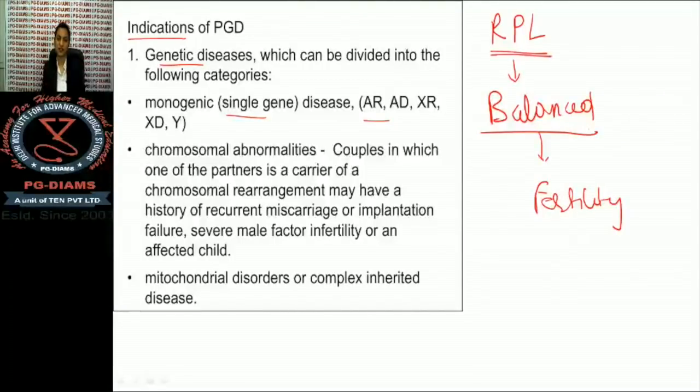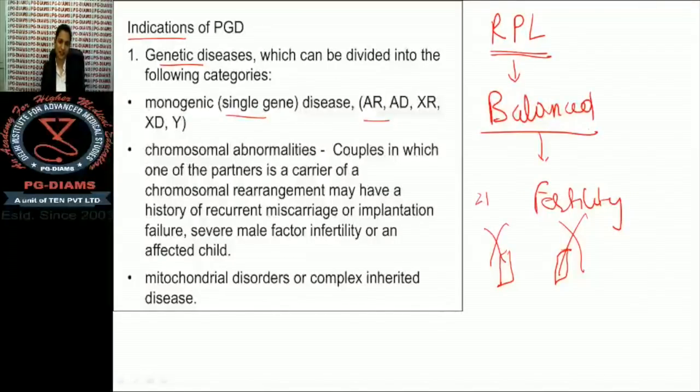In these balanced translocations, suppose this is a 21-14 translocation. A part of a chromosome is translocated between two chromosomes, but because it is balanced, it is not affecting the person's phenotype. While at the time of meiosis, there is loss or addition of genetic material because of these balanced translocations.